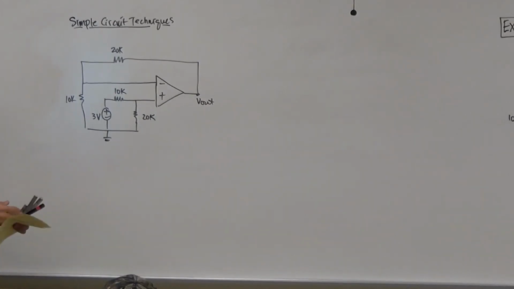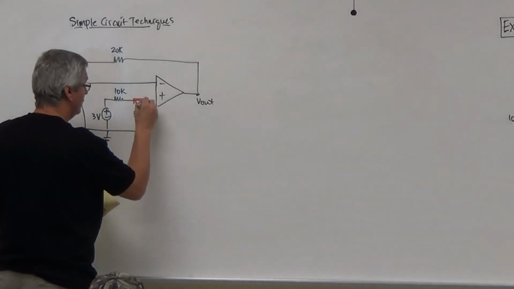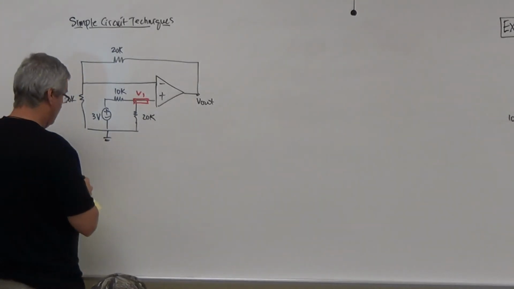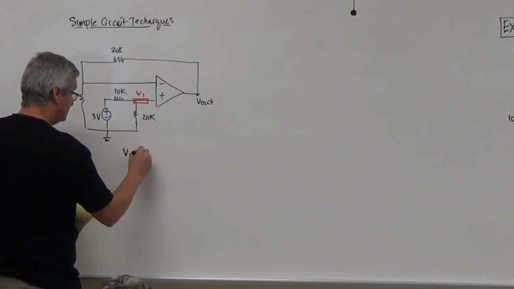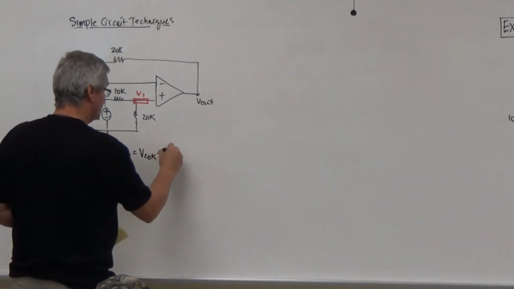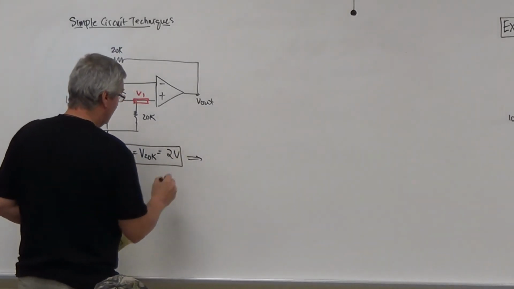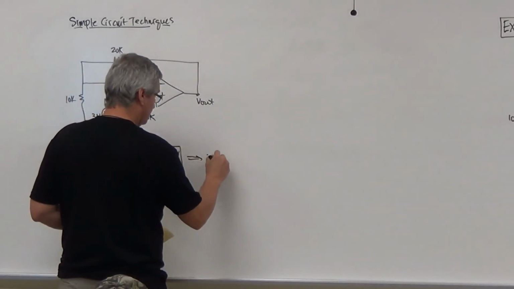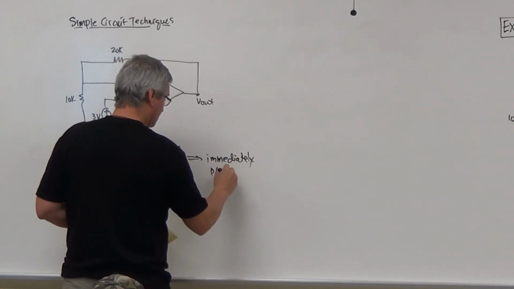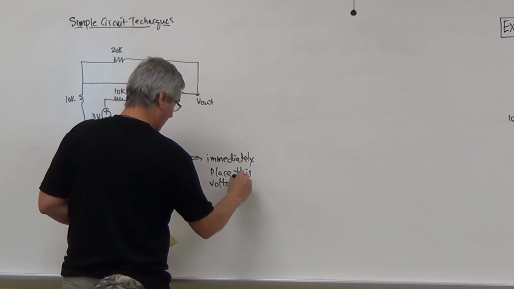Like, we just already solved for this, so I'm just going to use this number. So when I look at V1, we already saw here that V1, which is the same as the voltage across the 20K, looking at this over here, we already saw that this was 2 volts. So this implies that I now immediately place this voltage in circuit.